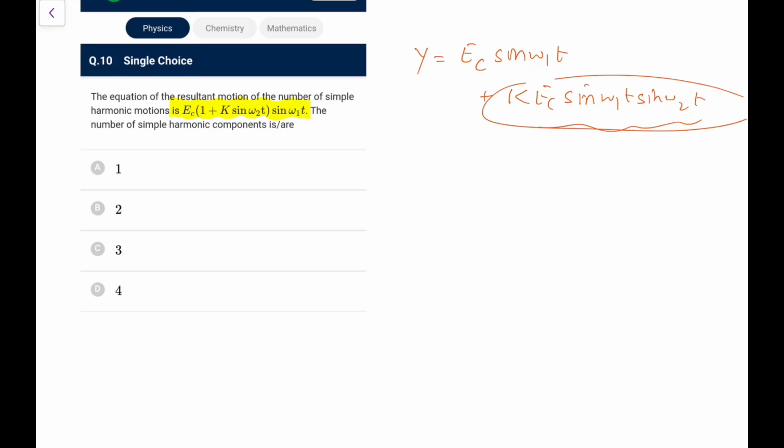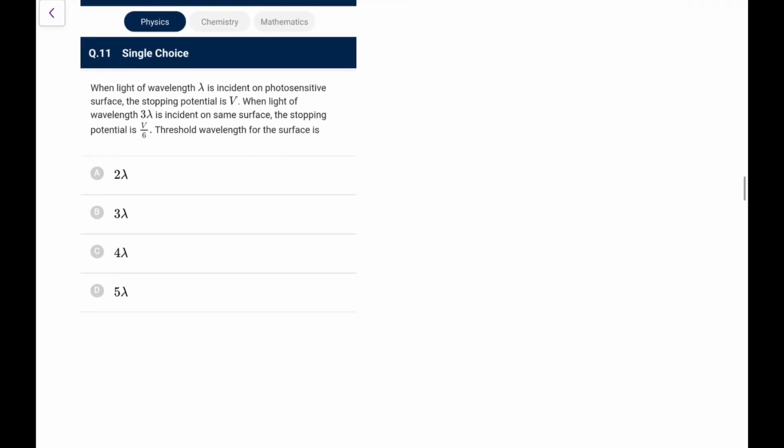Because it would be some A sine omega 1t, this is 1, plus k times A sine omega 1t sine omega 2t. So it basically comes out from the combination of 2, because one cannot give that particular result, because if you break it using 2 sine A sine B, you will get the sine or cos terms, so you can directly go for 3. Such questions you might have done before.